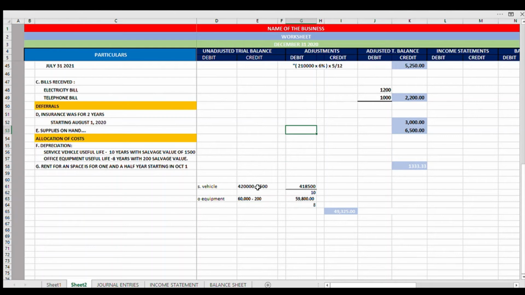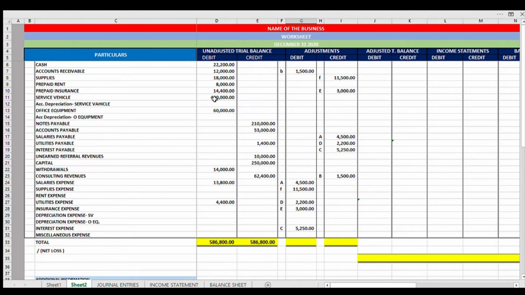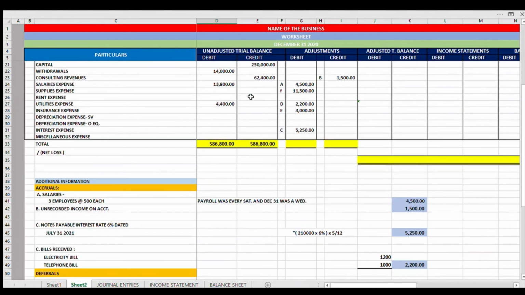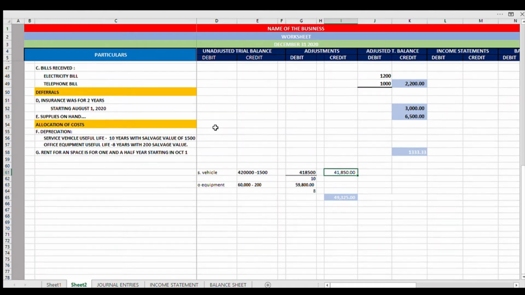So, this is the computation for 20,000 ang vehicle. Let's see. For 20,000. And the salvage value is 1.5. Then, divided by 10. Okay. The balance here is 41,850. And the other one, we have the office equipment.